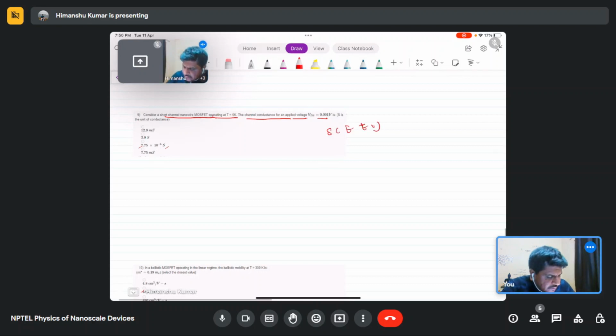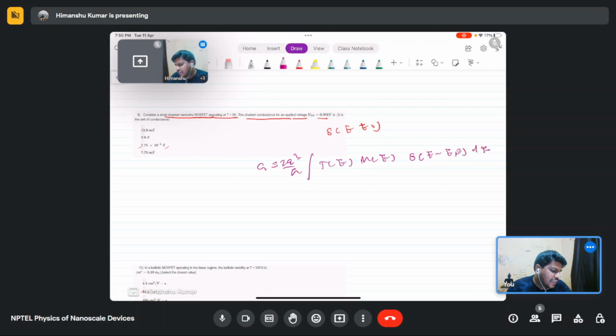So our conductance will be equal to 2q square by h, integral of T of E, M of E multiplied by this Fermi function, which we approximate by the delta function. Because of the delta function in the integral, this will become 2q square by h, T of E, M of EF.